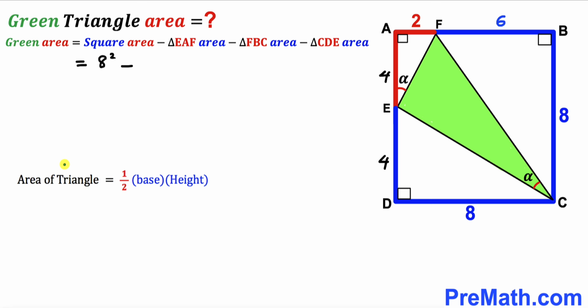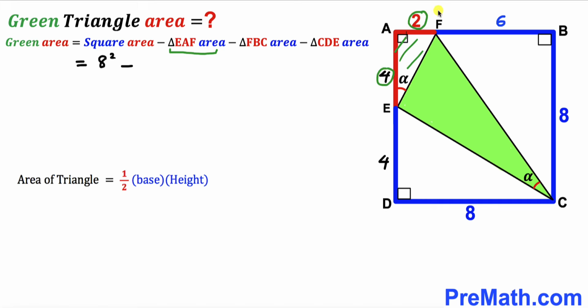And now let's recall the area of a triangle formula. Area is equal to a half times base times the height of the triangle. So therefore for this triangle EAF, we are talking about this triangle EAF. Our base is 4 and our height is 2. So therefore we can write a half times 4 times 2 and then minus.